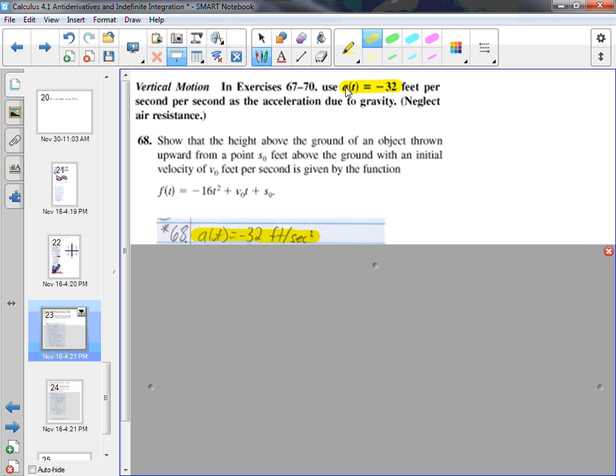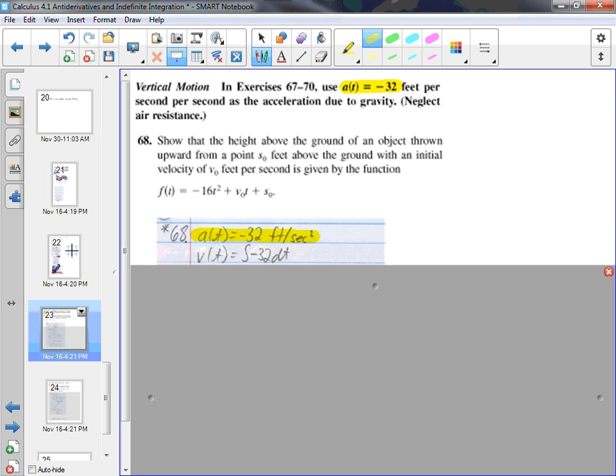You start with the position function, take the derivative, that's velocity, take the derivative of that, it's acceleration, go backwards. If we start with acceleration and we take the antiderivative, what will we find? The velocity.